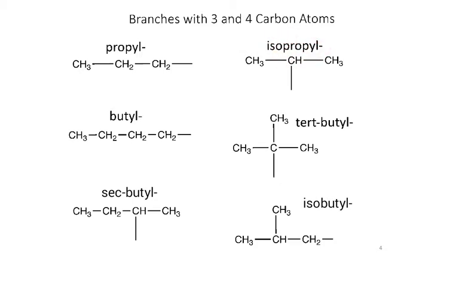With a 4 carbon atom alkyl group, there are 4 possibilities. The simple butyl is just a straight chain connected on the end. The sec-butyl, or secondary butyl, is again a straight chain, but connected with the number 2 carbon atom. And then we also have tert-butyl and isobutyl.